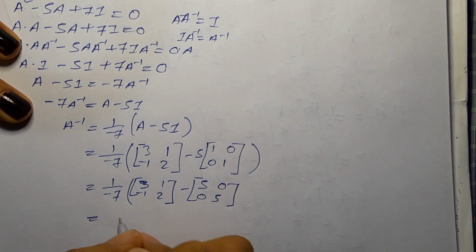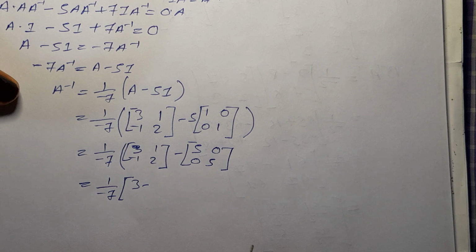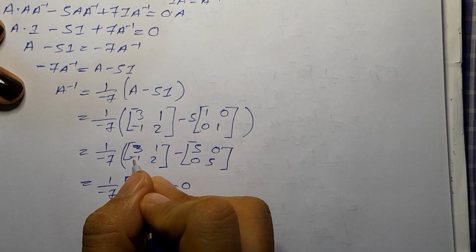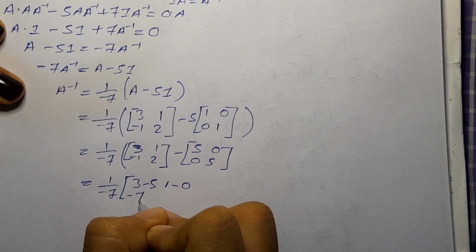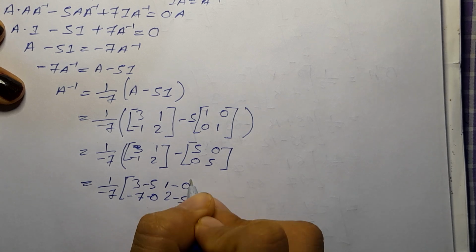Subtract it: minus 1 by 7 times, 3 minus 5, 1 minus 0, minus 1 minus 0, 2 minus 5.